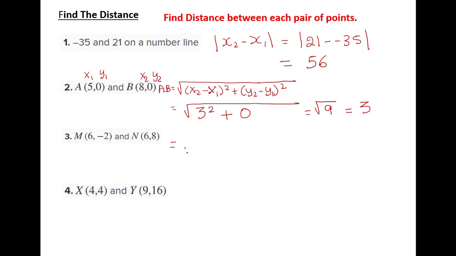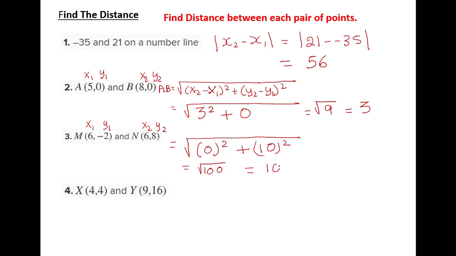Here, I apply the rule again. This is x1, y1, and this is x2, y2. Now, in the first bracket, I'll put 6 minus 6, which is 0, all squared, plus 8 minus negative 2, which is 8 plus 2, which is 10, all squared. So this will give me the square root of 10 squared, which is 100, which is equal to positive 10.